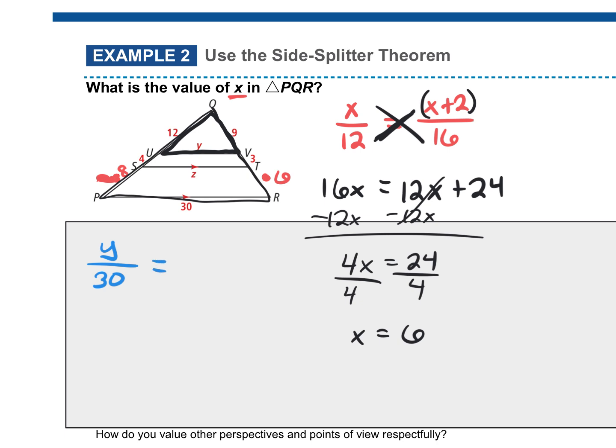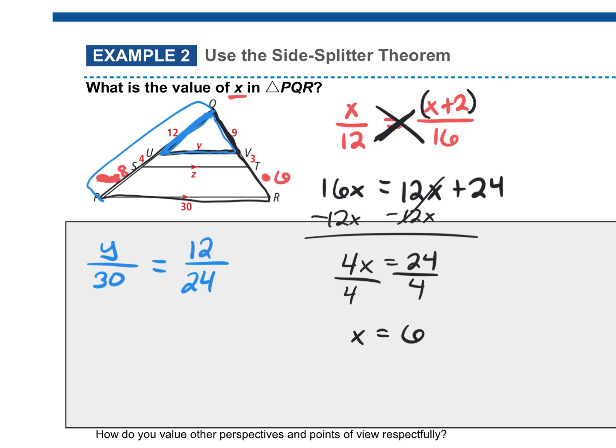What is another ratio that I can put together? I can put 12 over, so he picked this side, which is fine. You could also pick 9, but let's stick with this side. What's the whole length of that side for the big triangle? 24. Yep.